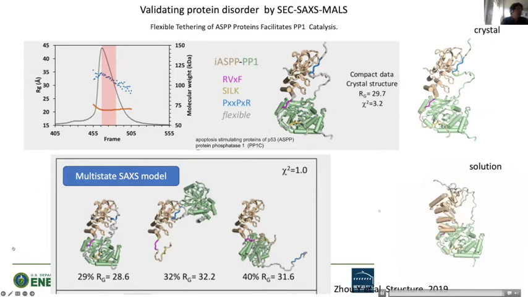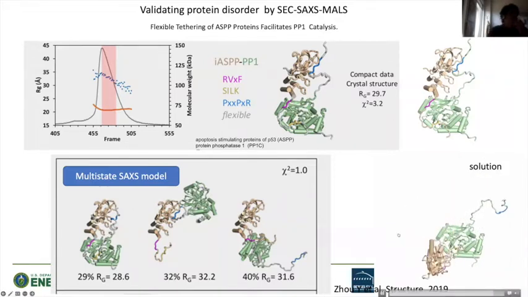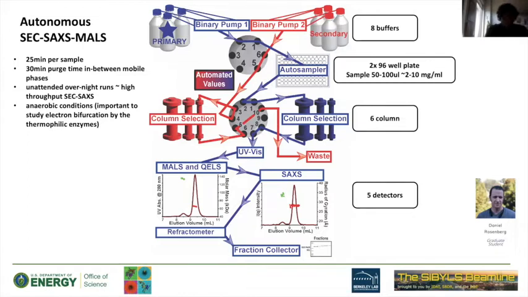That confirms that we can separate these different open structures at the size exclusion. It is a specific case where the transition between open and closed is controlled by multiple interactions between those two domains. This was just an example of why this is important.